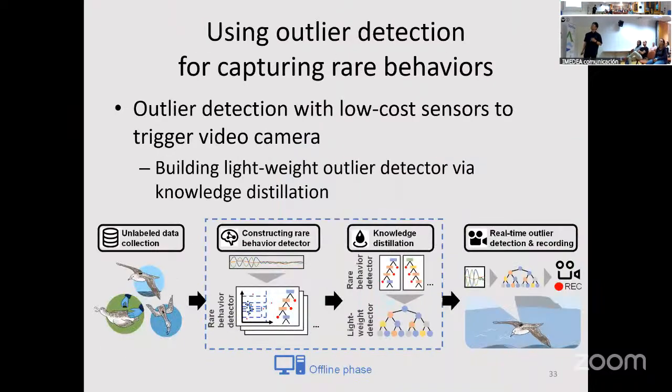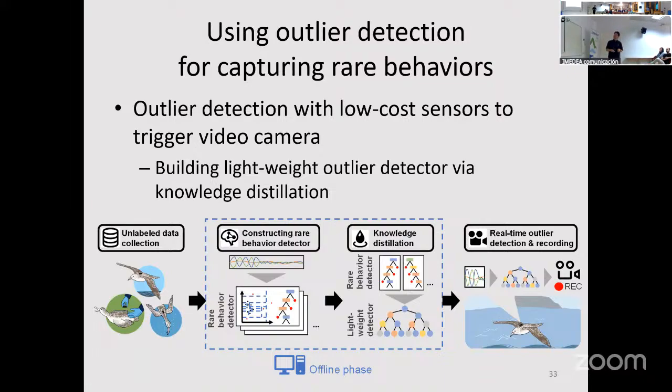To capture such infrequent behavior, we use an outlier detection technique. Outlier detection is a technique to find irregular or strange data in a pool of unlabeled data.